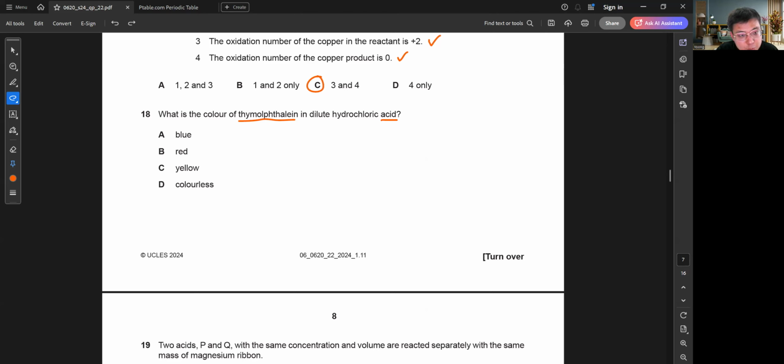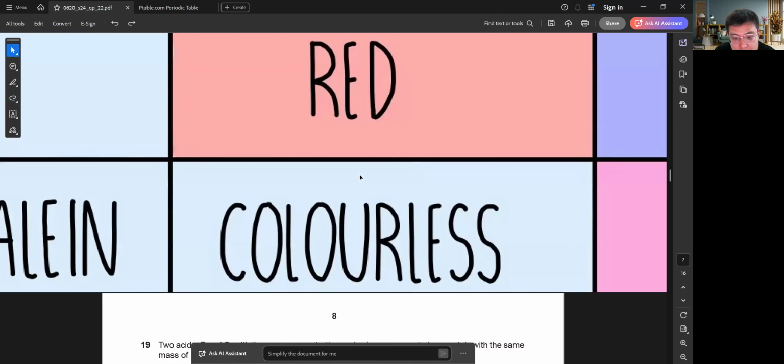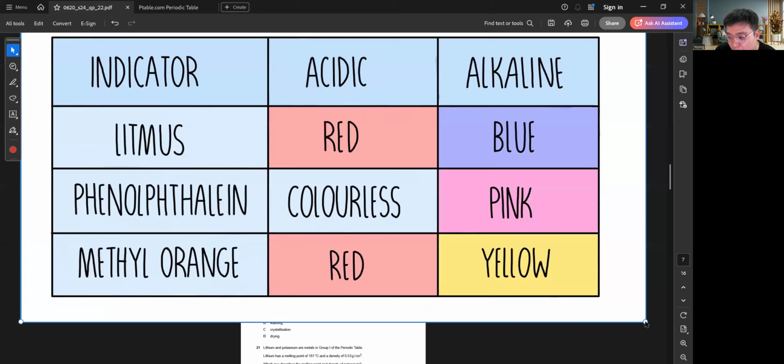Let me just pull out a photo so that students can memorize. This one here is very useful, especially for exam students, so do make sure to memorize this before going to the exam.